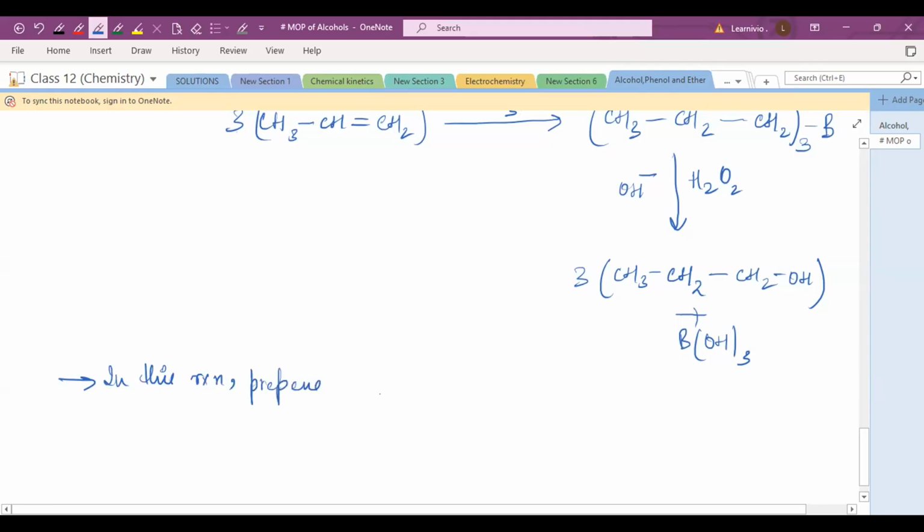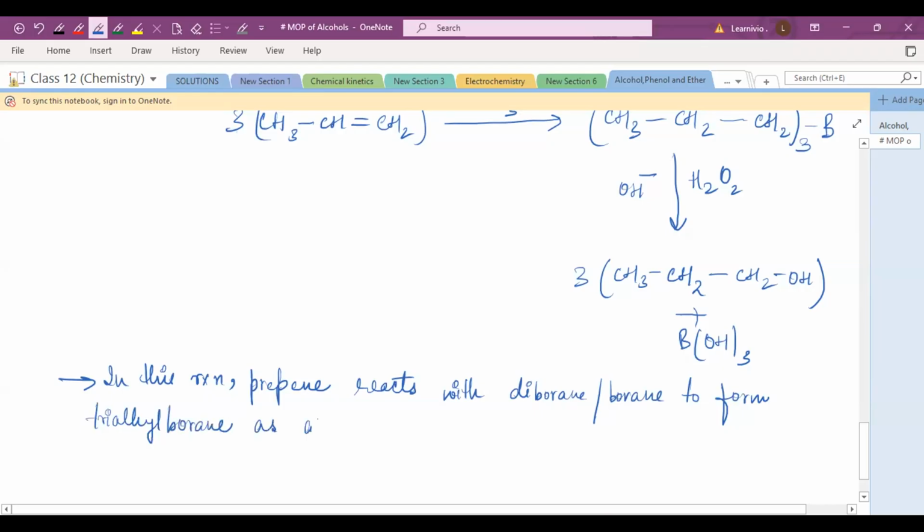propene reacts with diborane, borane, to form trialkyl borane as an addition product.